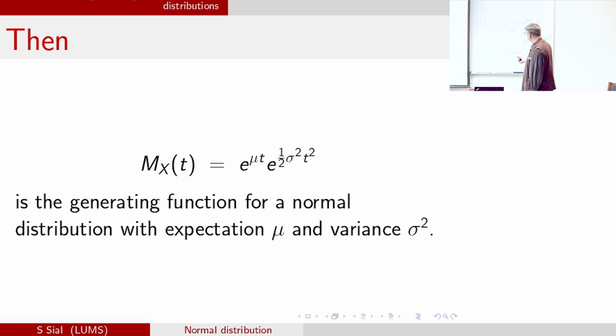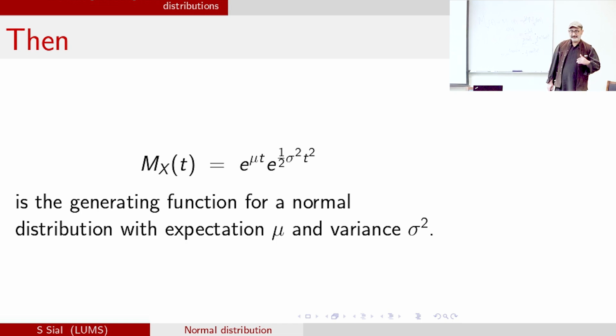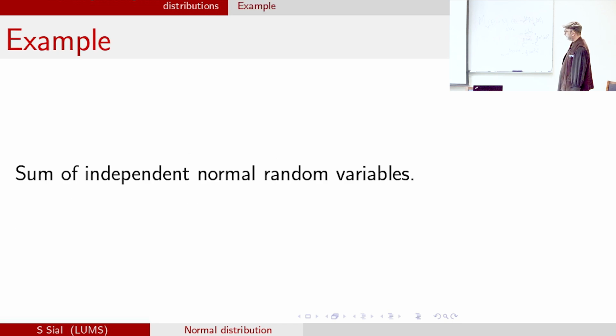Okay, so this linear transformation of a normal random variable gives you a new normal random variable.